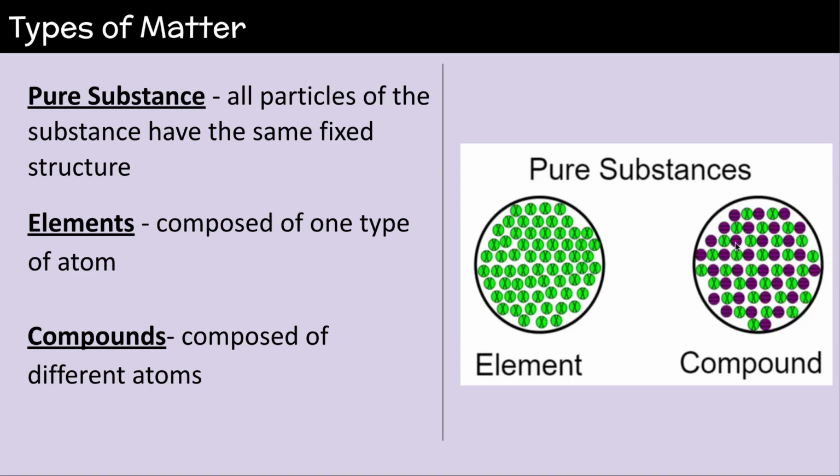And that pattern or that ratio, so in this case one purple to one green, is constant and it never ever changes. So compounds exist when different elements basically make up the compound. Sometimes it's one purple, one green. Sometimes it might be like two purple for every green. It all depends. It's different for all of them. But it's always the same fixed structure throughout the entire type of matter.